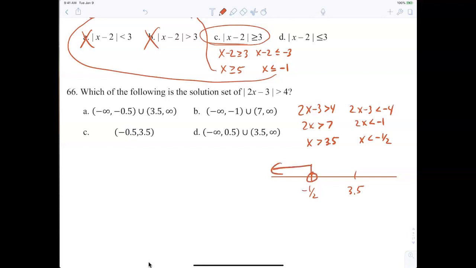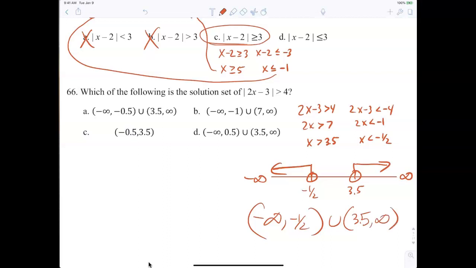Less than -1/2 is going this way, greater than 3.5 is going this way. That's infinity, that's -infinity. All right, so I'm going from -infinity to -1/2, union 3.5 to infinity. Correct answer is A.